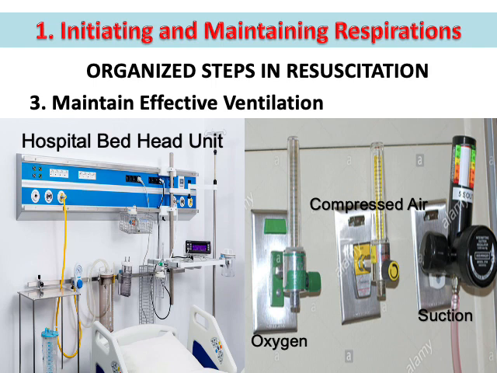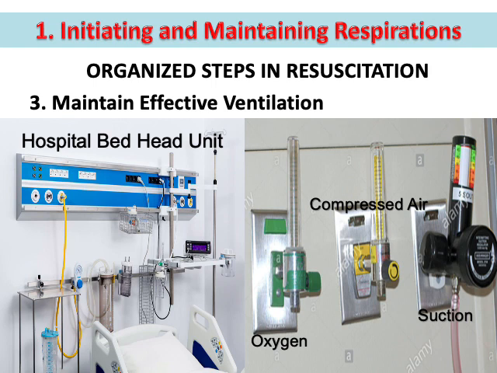Green usually is oxygen support. Compressed air is usually yellow. What is compressed air? If a child would need less than 100% of oxygen, you use compressed air for that. For example, you are to give 70% of oxygen.